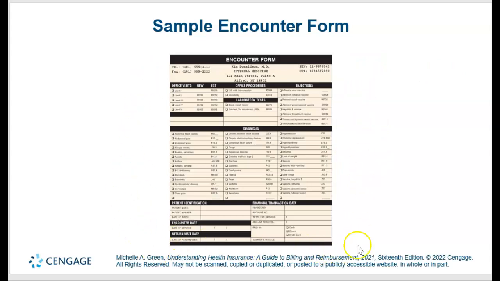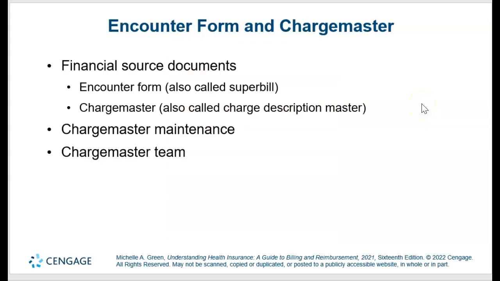This used to be a super bill back in the day, and they have diagnosis codes on it, office visit levels, if there were any procedures, injections, the patient's name, insurance company, all this was on an encounter form. And what would happen, they would take the information from the encounter form and put it onto a form that would get sent to the insurance company, which would be the CMS 1500.